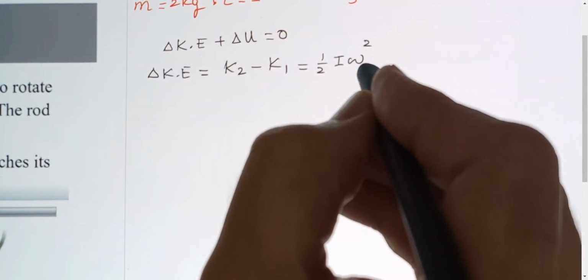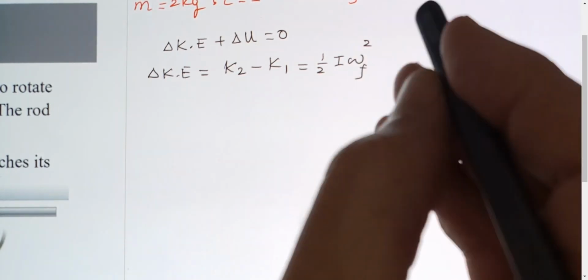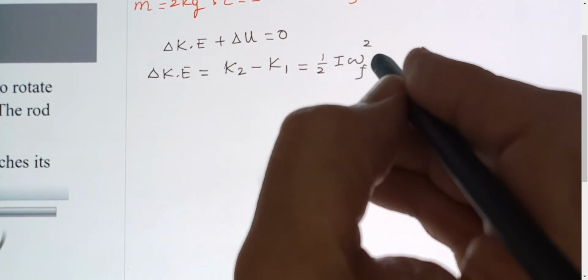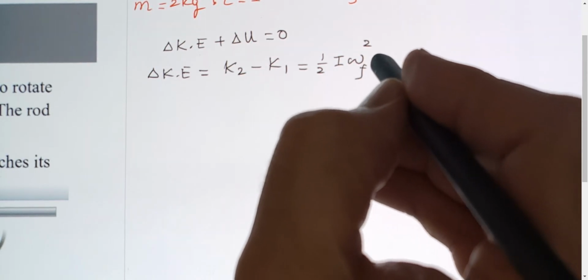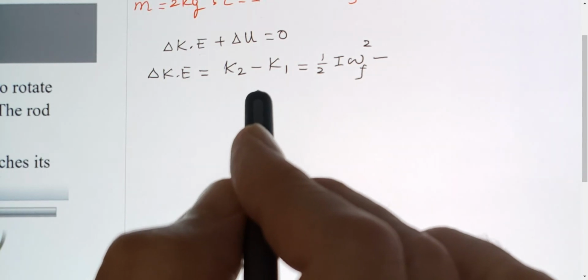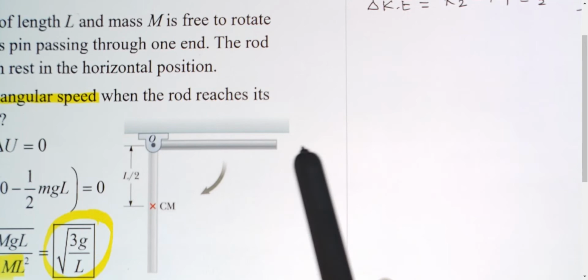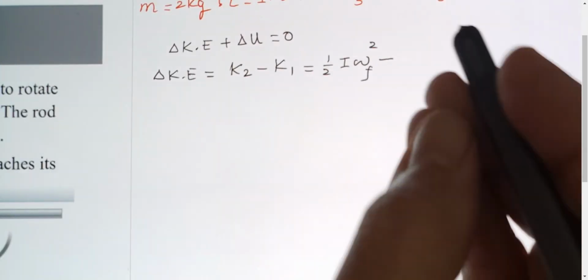And I can put here final, and I will remove it in a second. Why will I remove it? Because I don't need to write it. Minus, what is the initial kinetic energy when the pivot is not moving? We will just release it, so it's 0.